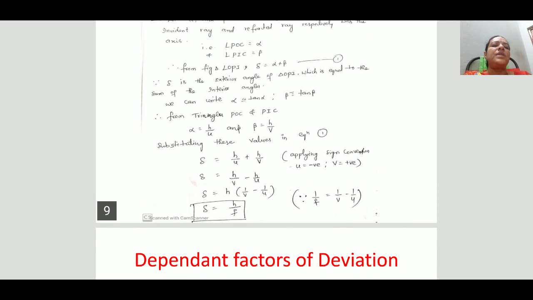So totally the equation is delta is equal to h by v minus h by u. Delta is equal to h into (1 by v minus 1 by u). 1 by v minus 1 by u is the lens formula, that is 1 by f. So the final equation for deviation is delta is equal to h by f.